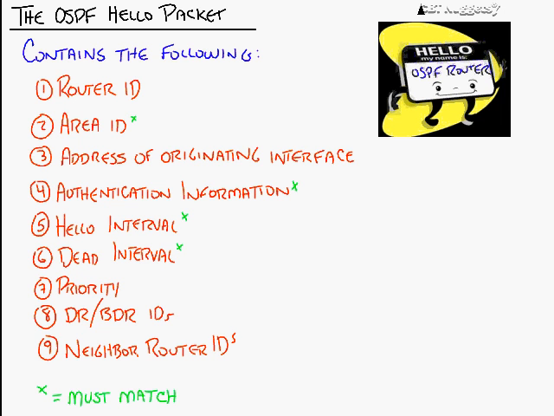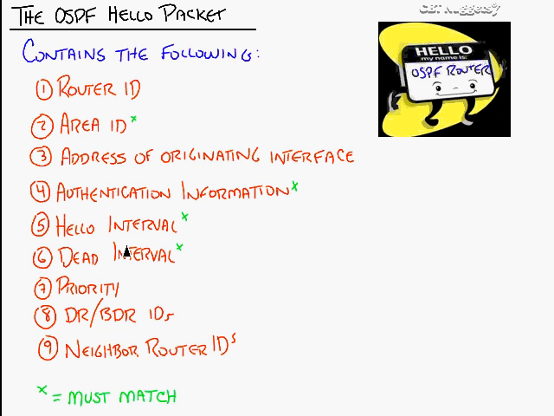Every single hello packet that your router will send out contains all of these 9 fields. It will tell the router's ID, and this is a unique identification for OSPF. It will have the area ID of the router, what area it belongs in. It will have the address of the originating interface. What interface is originating those packets for the OSPF router? The authentication information, if you are password protecting your OSPF domain, will be included in that hello packet. The hello and the dead interval, how often hello messages are sent and how long until a router is considered dead after not receiving hello, will be listed.